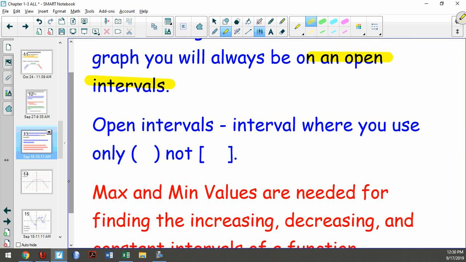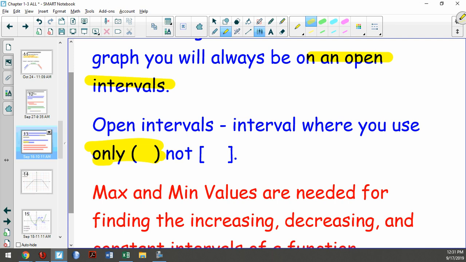And here's why. You are only using parentheses. Let's say I have an interval from me to Ethan and then from Ethan to Luke. Ethan is shared in my interval and in Luke's interval. How can he be included in mine and be included in his? So instead of putting brackets, what you do is you automatically just use parentheses over the entire thing. Do we understand that? So we don't use brackets, we use parentheses to indicate the interval, okay?